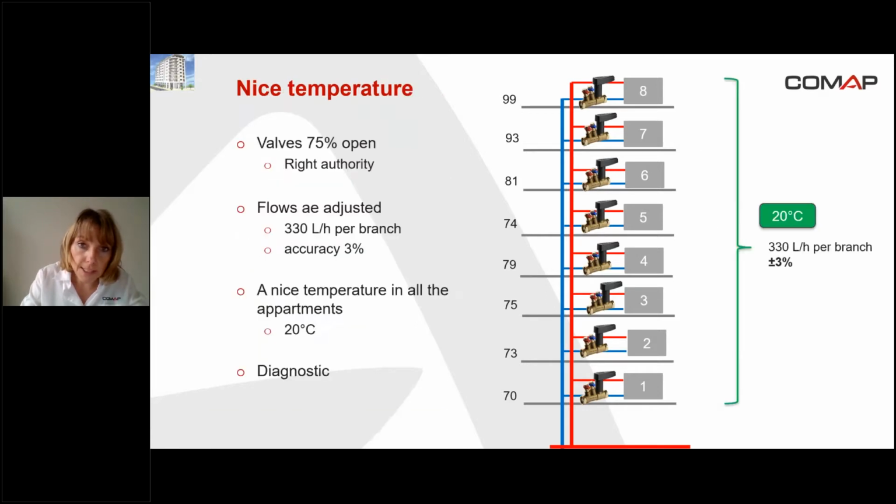The result here, you can see that the valves are about 75% opened. That's what we want in order to stabilize the flow and to have enough authority for the valve. The result is that we have a nice temperature everywhere in the building, the right water flow. Of course, it's accurate, 3% accuracy.